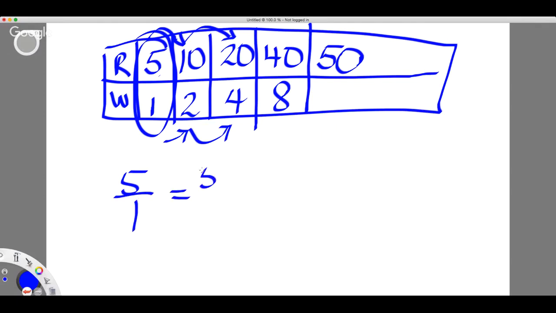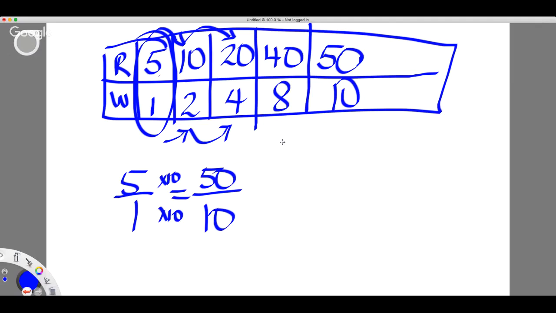If the 5 became a 50, then that means the 1 would have to be 10. Okay, so we put 10, and this is the last one.